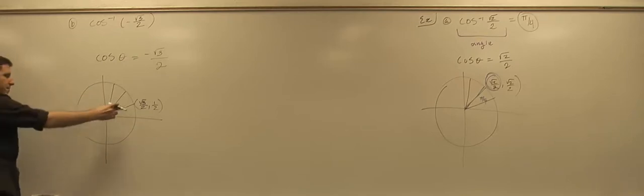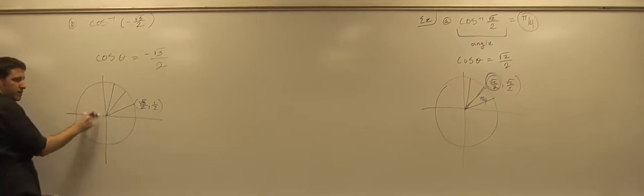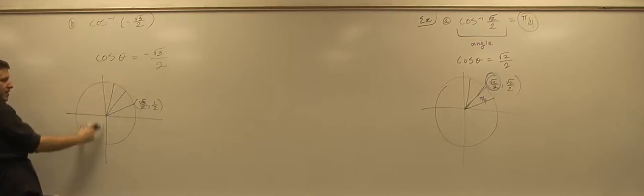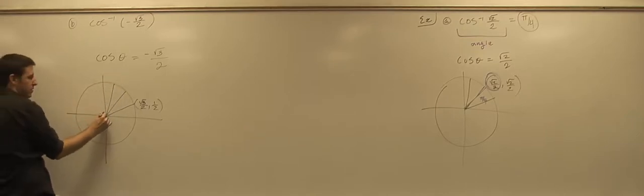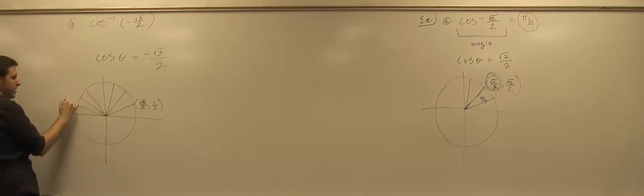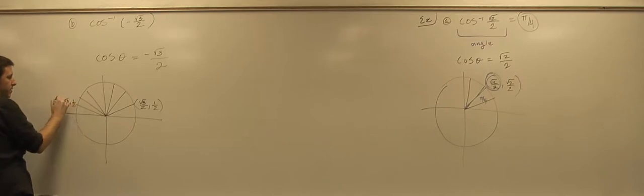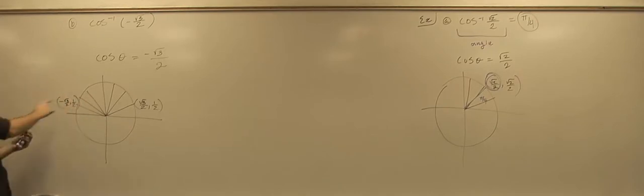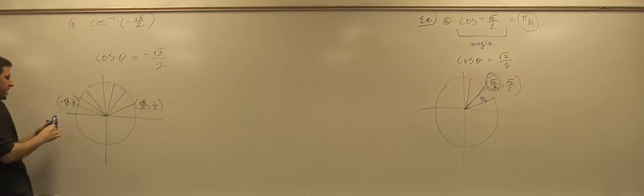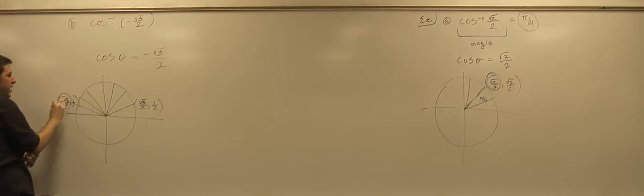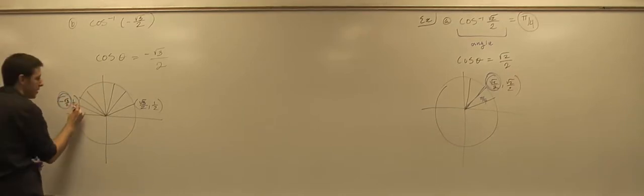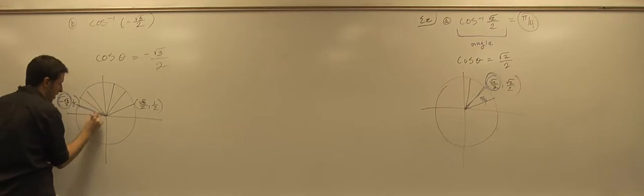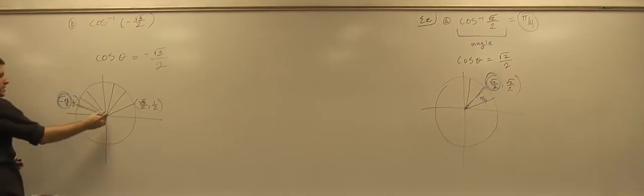So I have to be in the second or third quadrant for cosine to be negative. Cosine's the x value, and negative x values are over here. In the second quadrant, this point is negative root 3 over 2, 1/2. So this satisfies my equation, and it has a cosine value of negative root 3 over 2. So this is my ray. What angle is that?